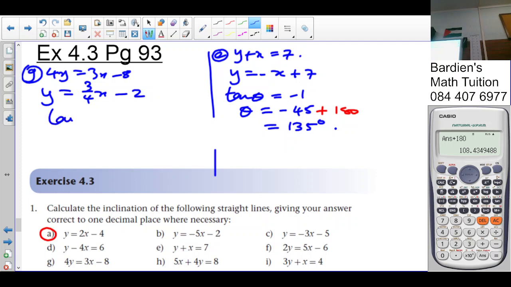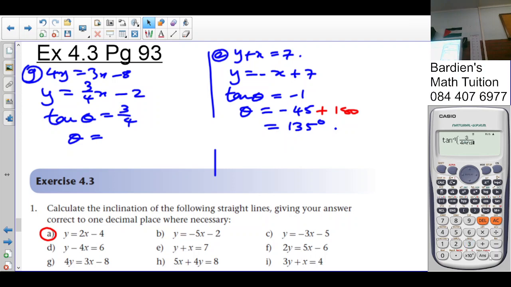So I say tan of theta equals 3 over 4. So theta is equal to shift tan of 3 over 4, which gives us 36,9. Okay, that's G.